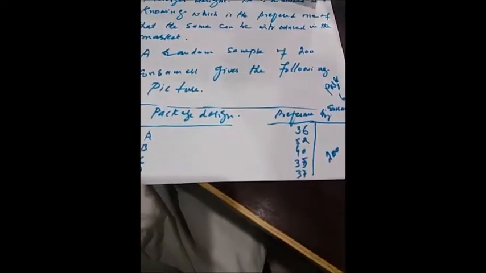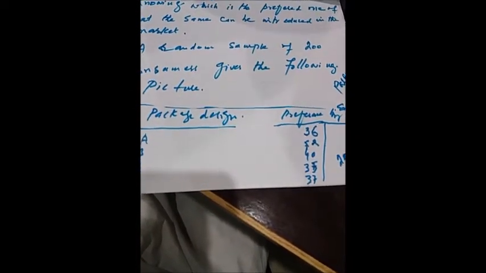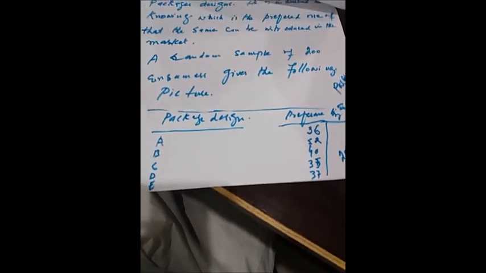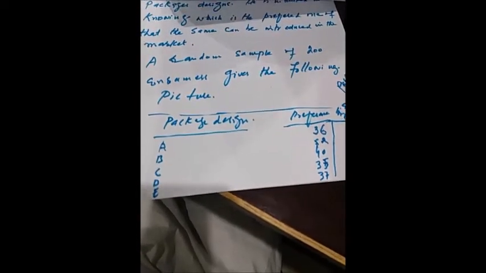Accordingly, 36 preferences are given to A, whereas 52 preferences are given to B, 40 preferences to C, 35 preferences to D, and 37 preferences to E. It means 36 consumers preferred package design A, 52 preferred package design B, 40 preferred design C, 35 preferred design D, and 37 preferred design E.